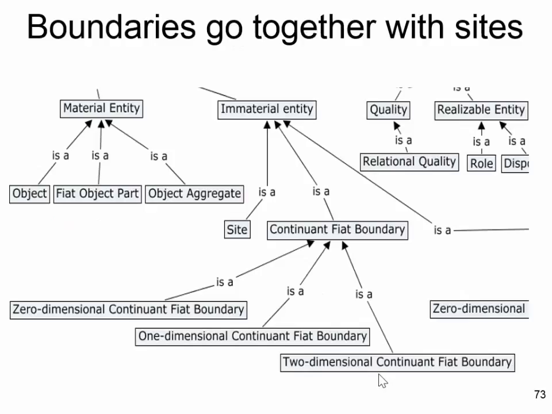So we have here continuant Fiat boundary, which is an immaterial entity. And we have object, Fiat object part, object aggregate, which are material entities, which means made of molecules, roughly speaking. And this means is not made of molecules, but is still a continuant and is still tied very closely to the associated material entities, because you can't have a Fiat boundary without having some physical thing which it's related to.